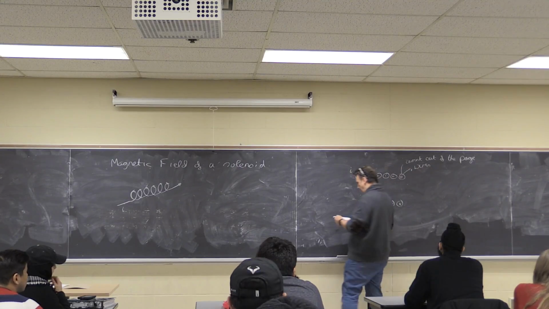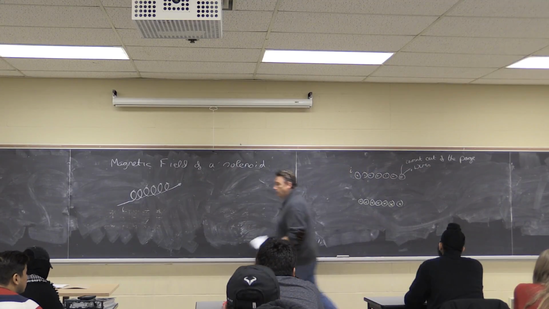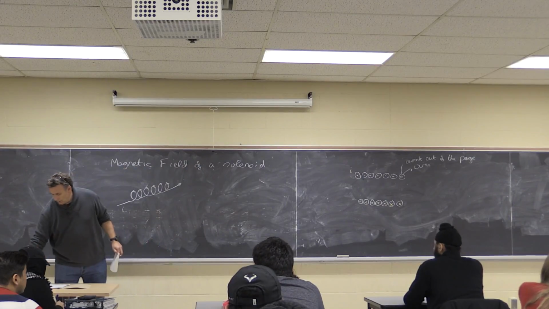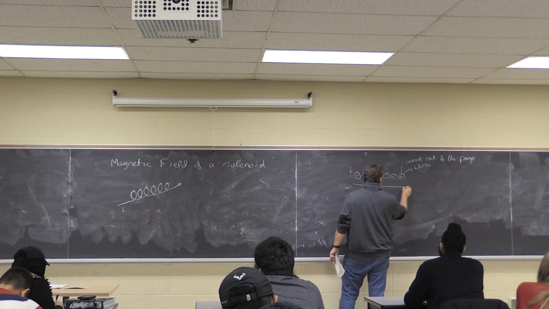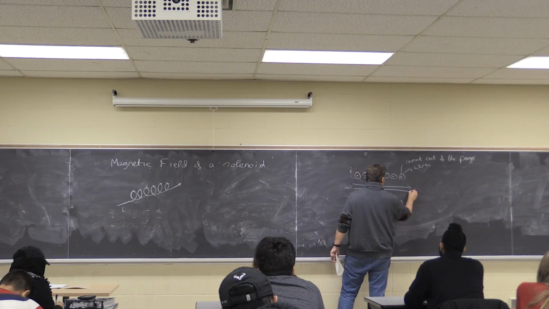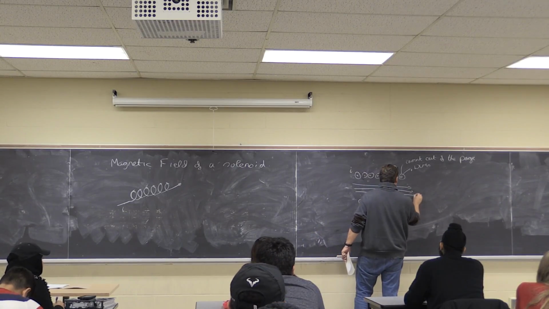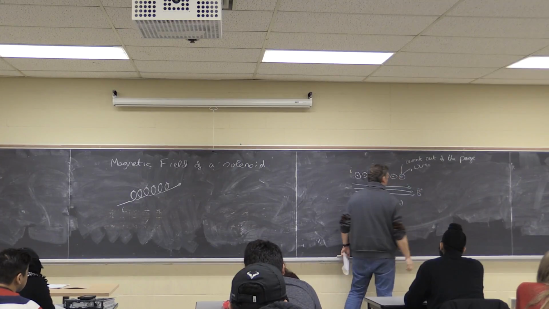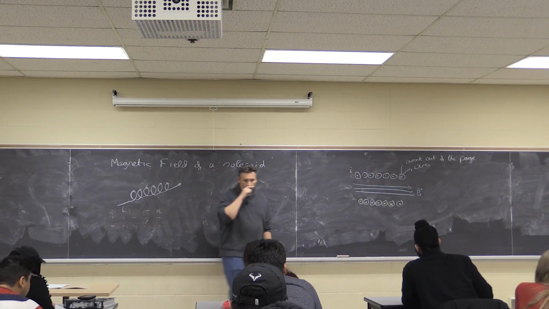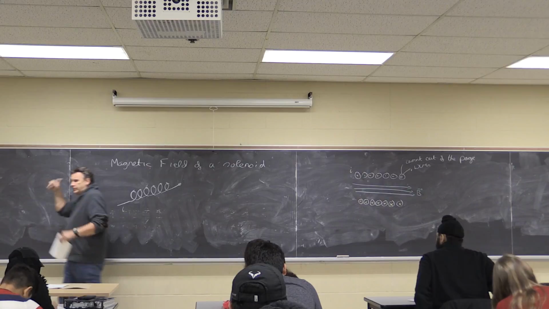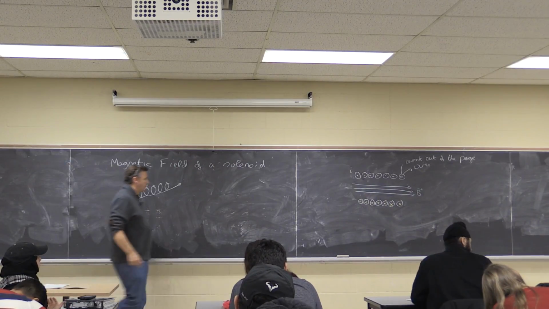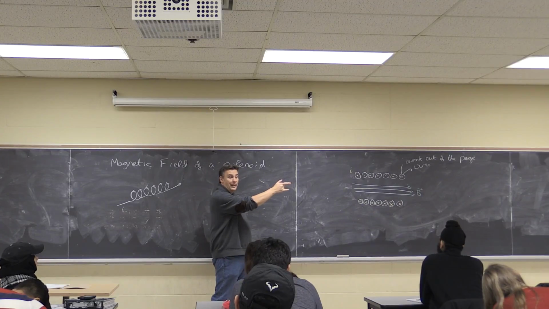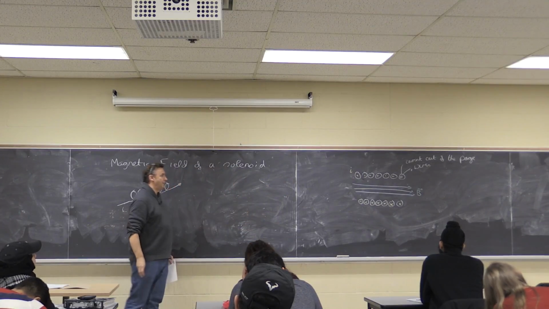So I could imagine that B field would get confined along this direction. That's only applying this right-hand rule and arguing that it should definitely point that direction. The form of it we may not definitely know.